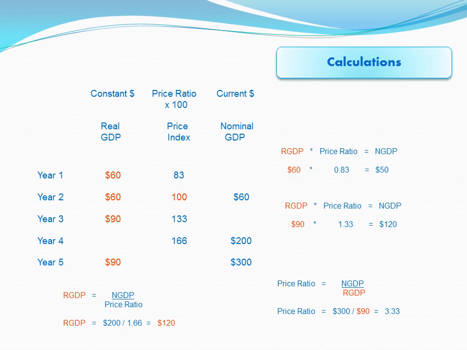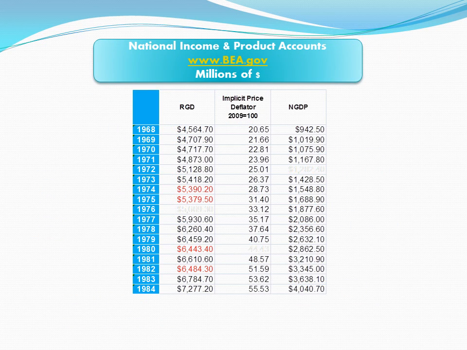Alright, so we've gone through these basic calculations. Let's take what we've done and do this set of historical data. In this table, when you're just looking at it, we've got the same basic information: real GDP, a price index, and nominal GDP.